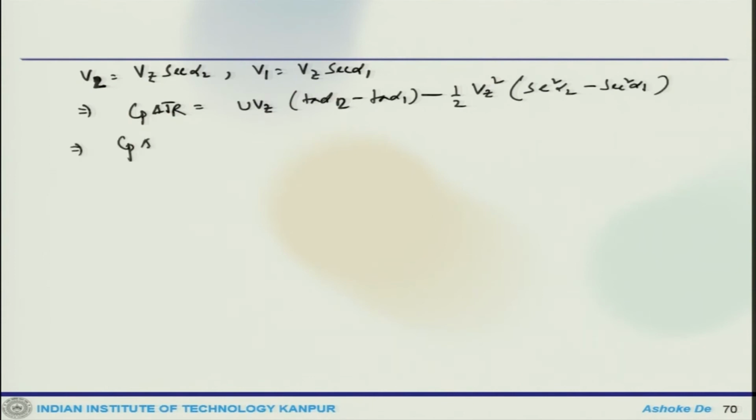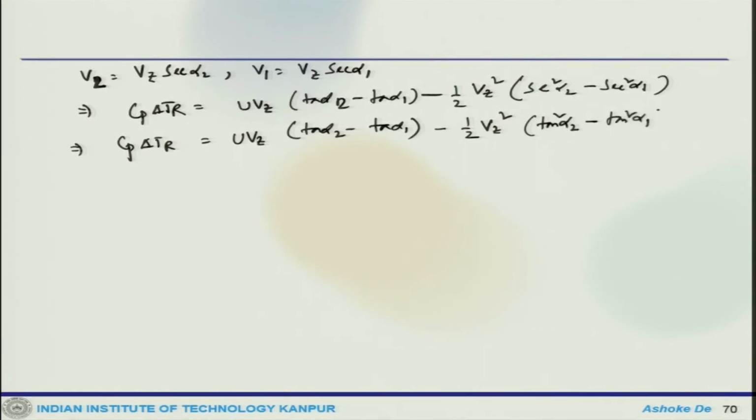So, further simplification will get us tan alpha 2 minus tan alpha 1, minus half V z square (tan square alpha 2 minus tan square alpha 1), using the trigonometric relation that sec square alpha is 1 plus tan square alpha.